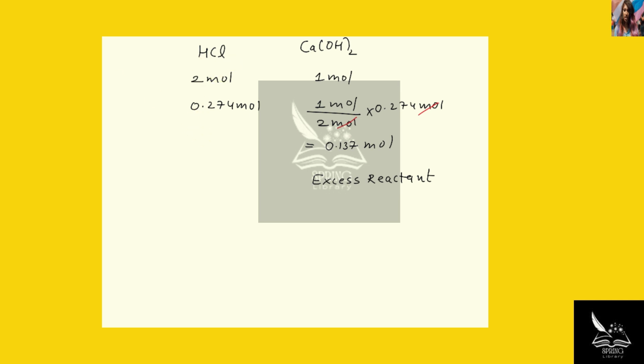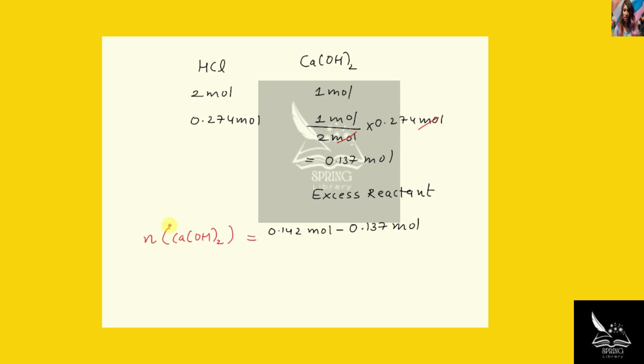Here we can say that the remaining moles of calcium hydroxide will be equal to 0.142 minus 0.137 mole. On solving this, we get the remaining moles of calcium hydroxide equals 0.005 mole.